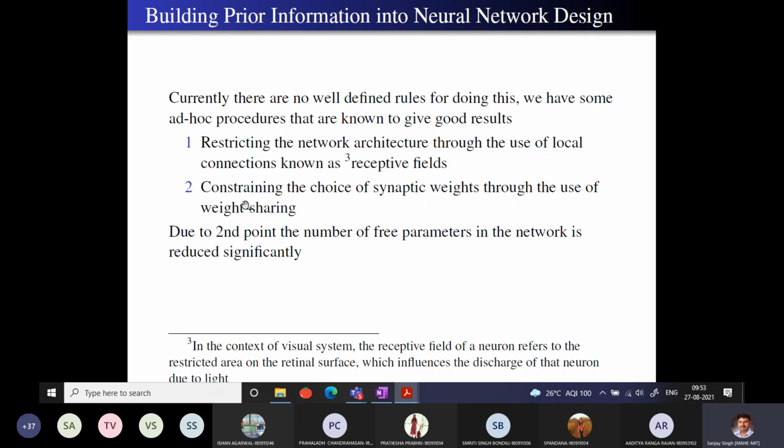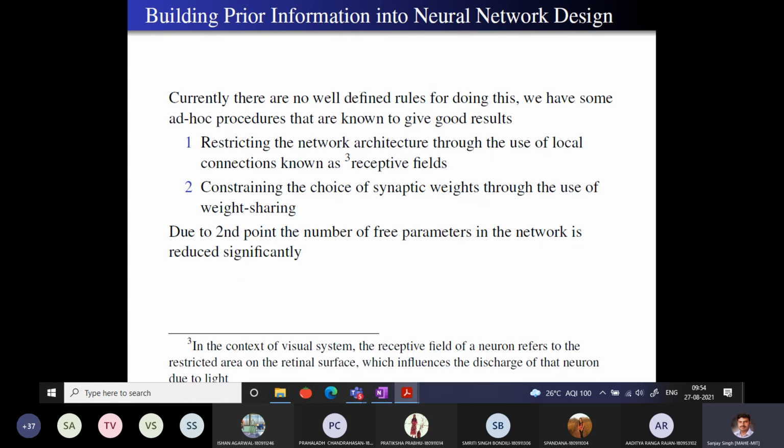Due to the second point, the number of free parameters in the network is reduced significantly. And remember this, whenever the words free parameters or degrees of freedom come up, this literally means the number of variables. Simple. No need to get confused. Let's say in the toy network we discussed earlier, 20 parameters are there.